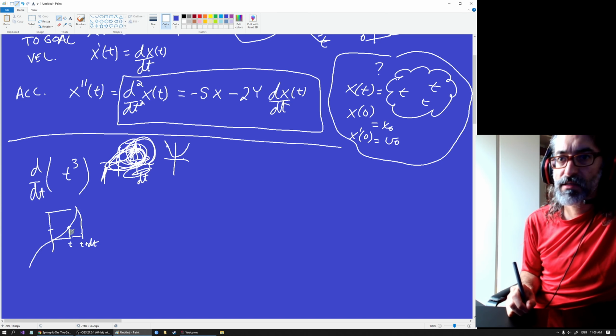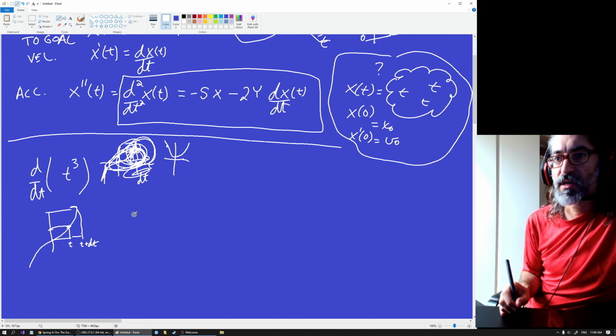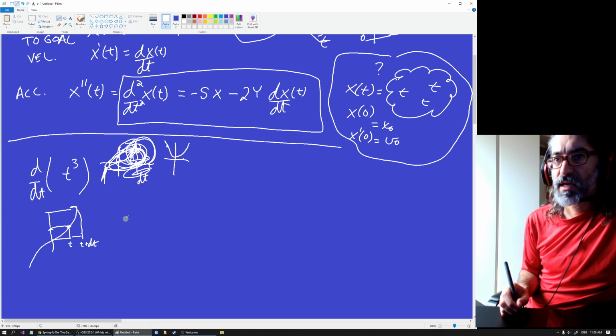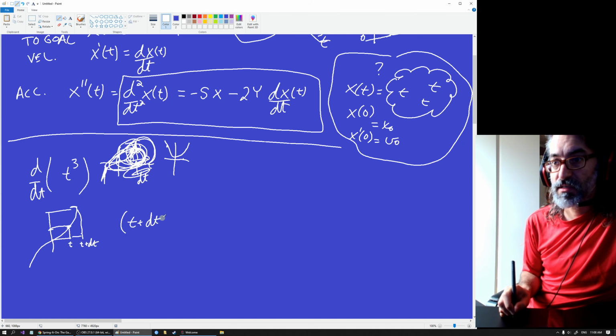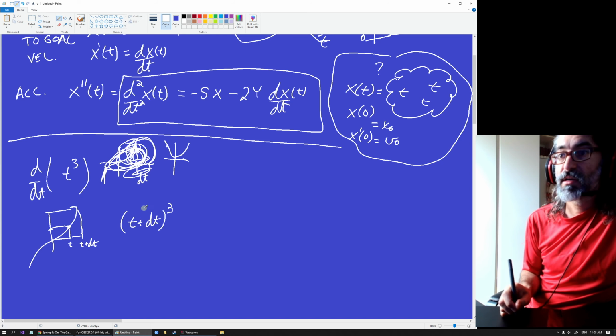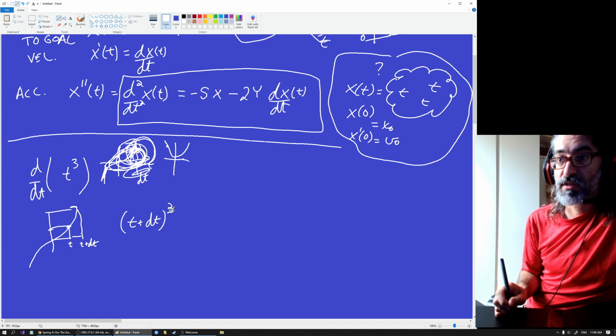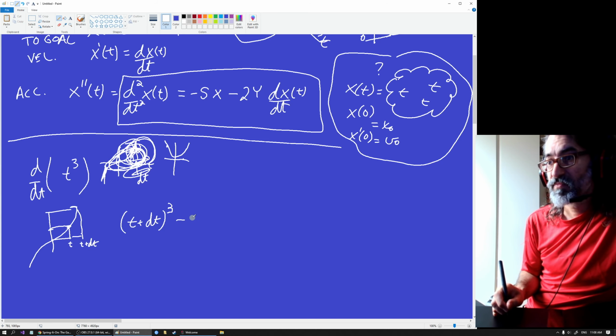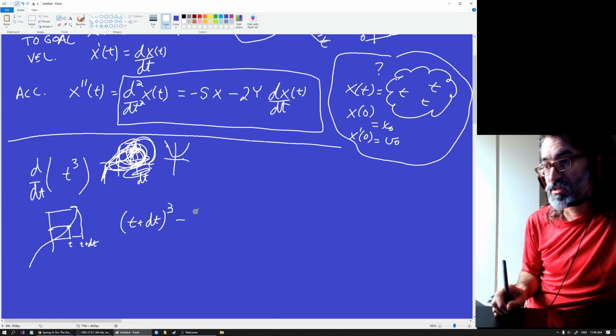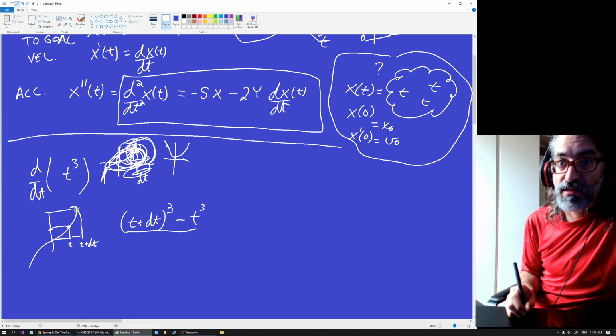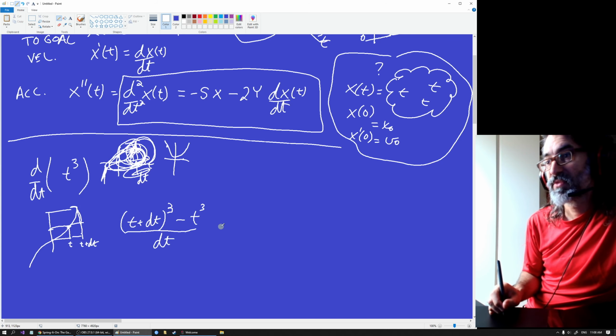The function at t plus dt is (t plus dt) cubed, minus the function at t, which is t cubed, all divided by dt.